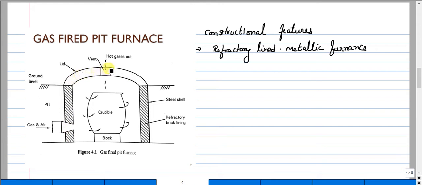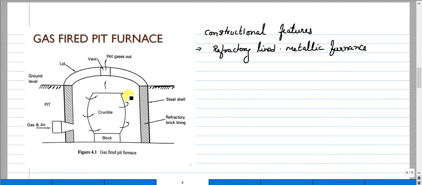This is the shell portion, and to this furnace we have further constructions. It has been immersed inside the ground, kept under the ground. And again, the bottom of the furnace has a refractory block to avoid the escape of heat, which acts as a pedestal.